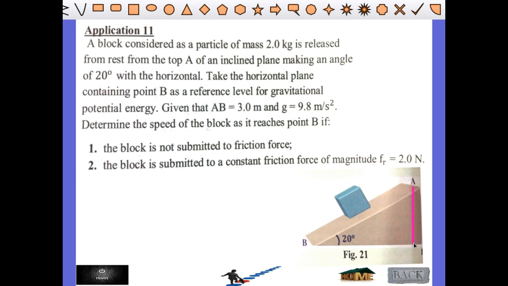As we know, height A is opposite to the alpha, 20 degrees, so we will use sine. Sine is opposite over hypotenuse. Hypotenuse is AB, and I have AB.